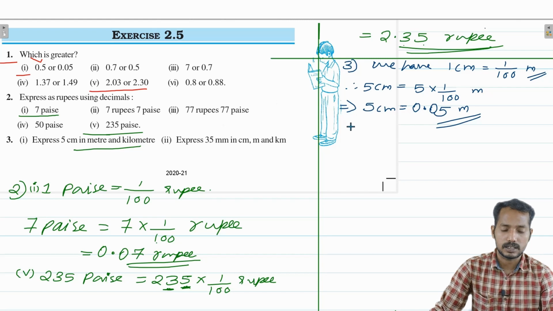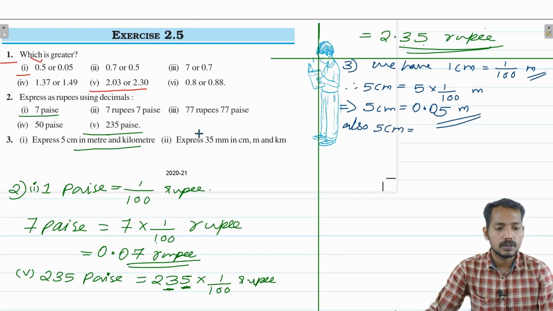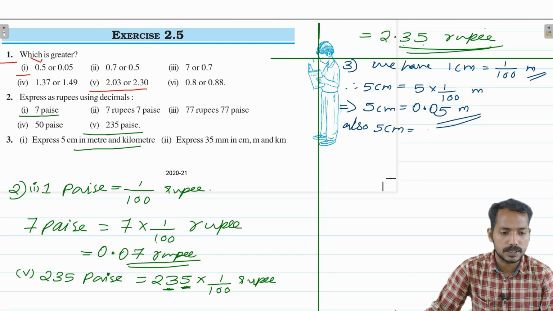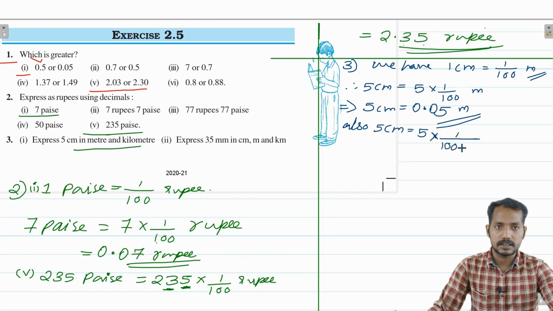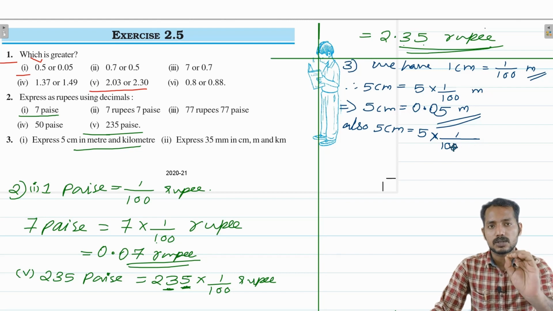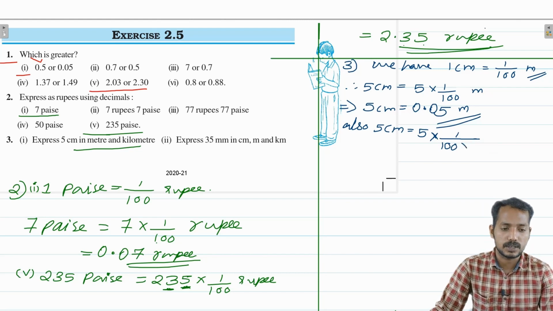How will we do kilometer? 5 centimeter is equal to, first convert this 5 centimeter into meter, that we already did: 1 by 100. Now it is in meter. Again, 1 kilometer is equal to 1000 meters. So convert that meter by dividing by 1000 and we will get kilometer.